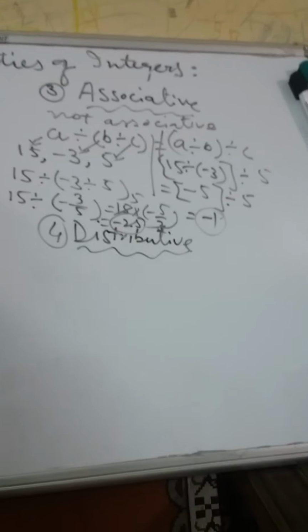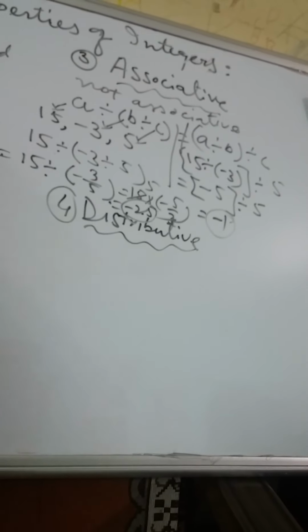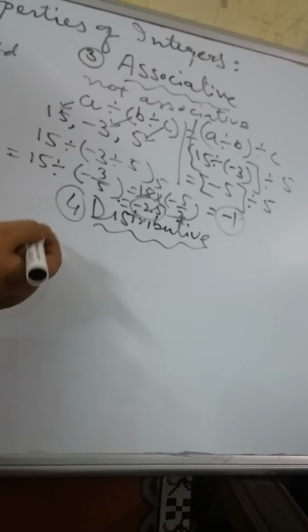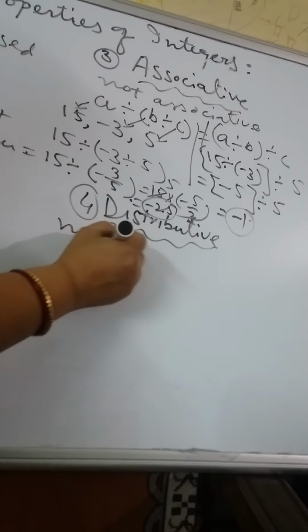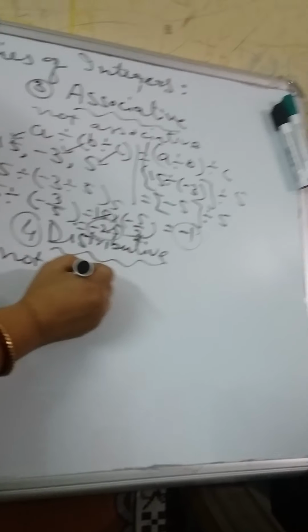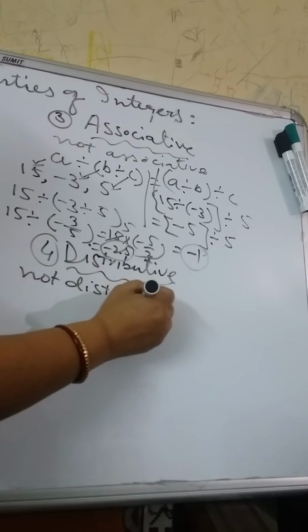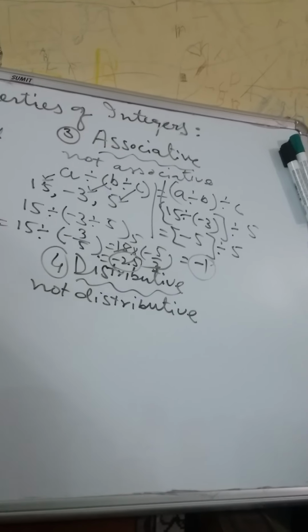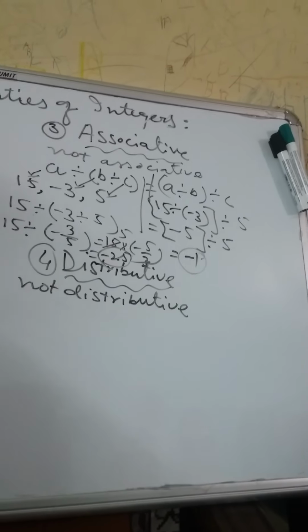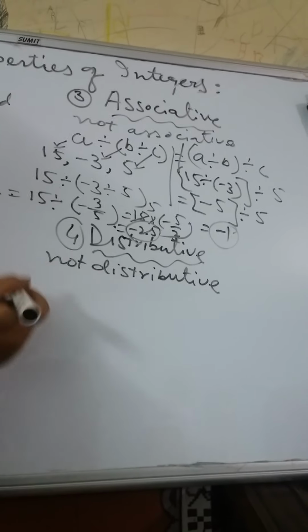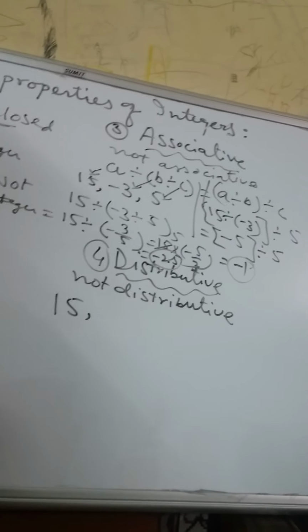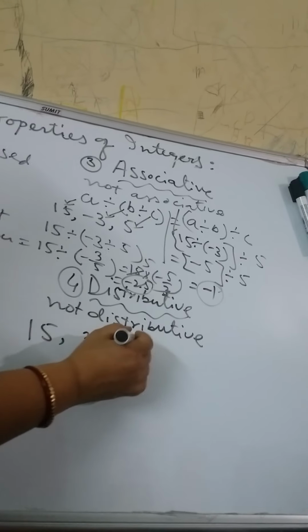Next, let's check for distributive property. Division again is not distributive for integers. Say, take three integers, 15, 3 and -2.